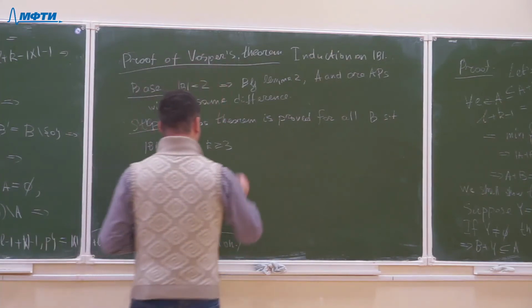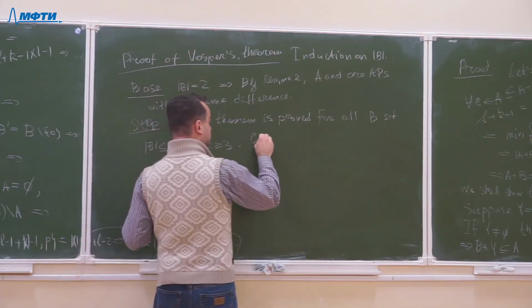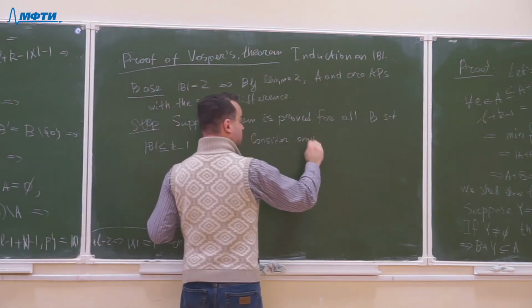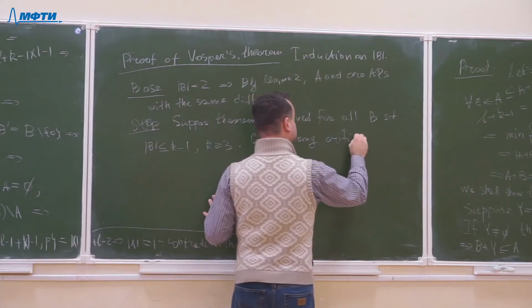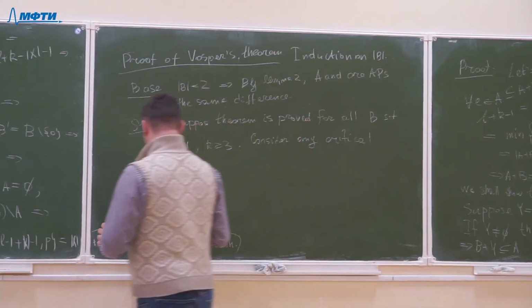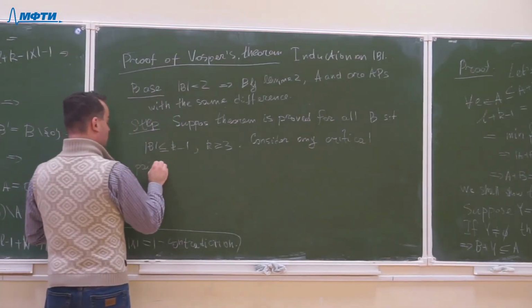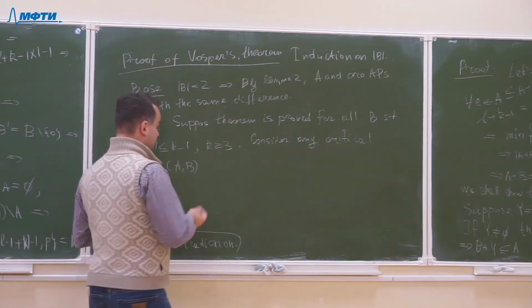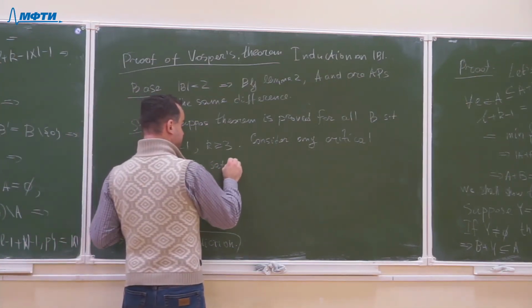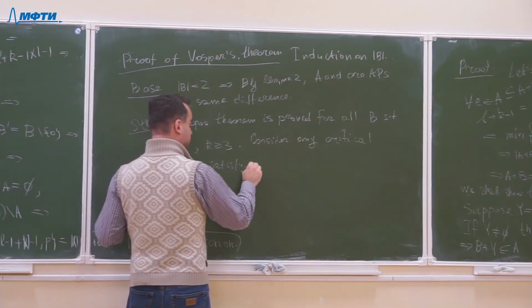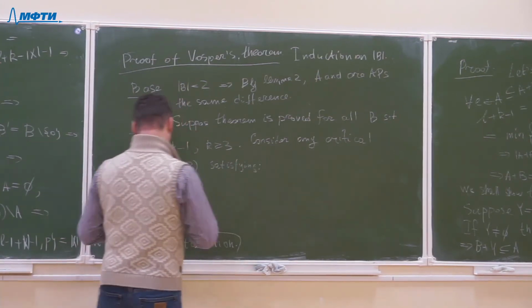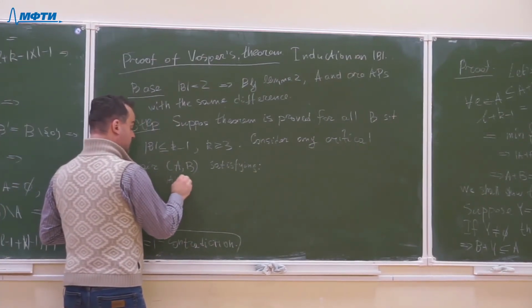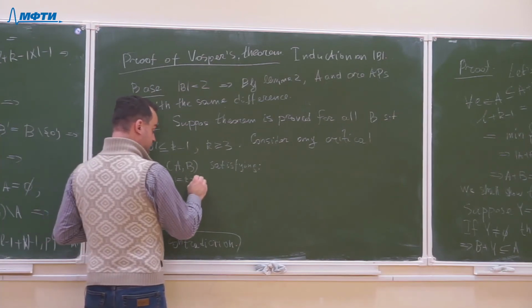Right. Let's consider any critical pair A and B, satisfying the first conditions. The minimum cardinality of A is K, which is at least 2.